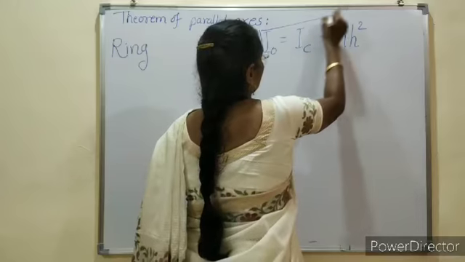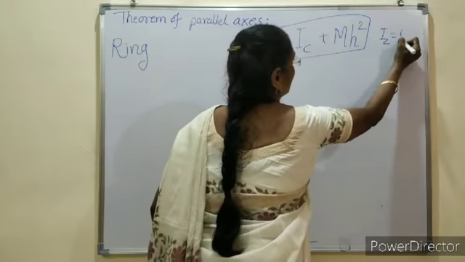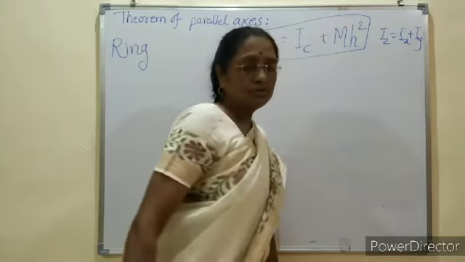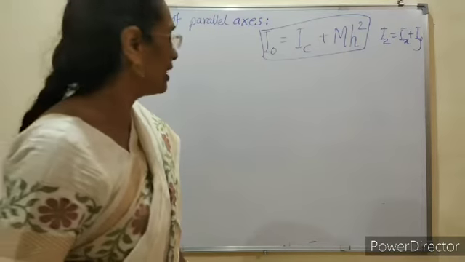So this is parallel axis theorem, and perpendicular axis is also a simple relation: Iz is equal to Ix plus Iy. This is for the perpendicular axis.